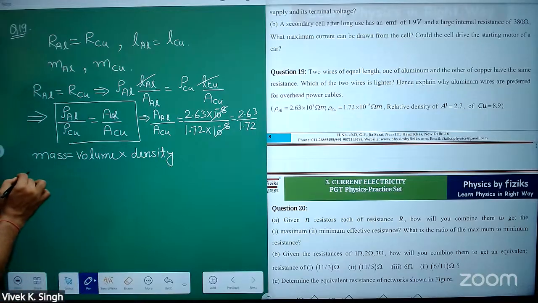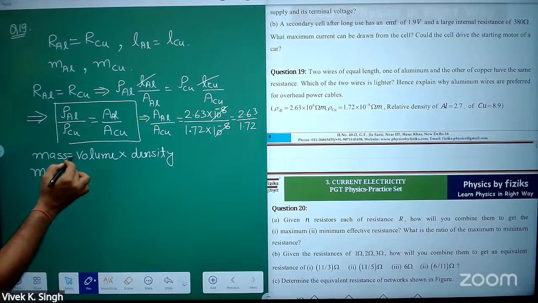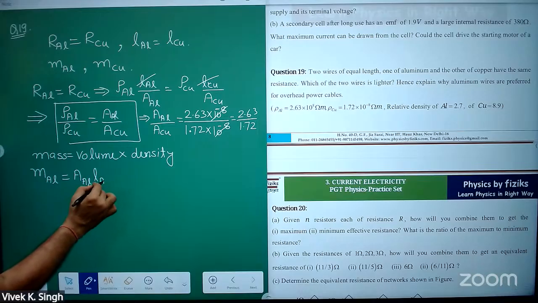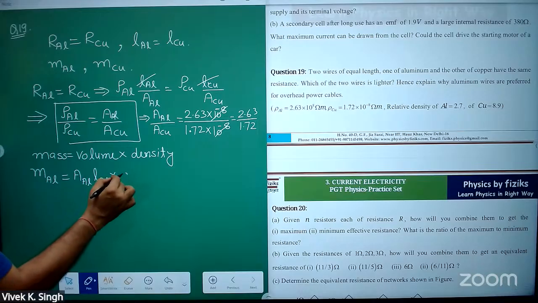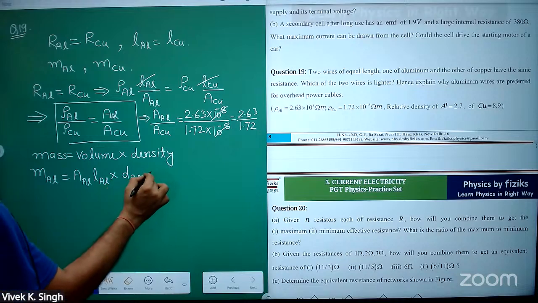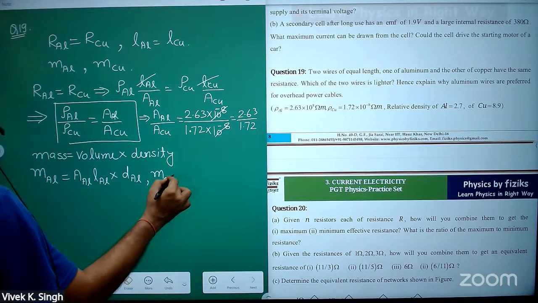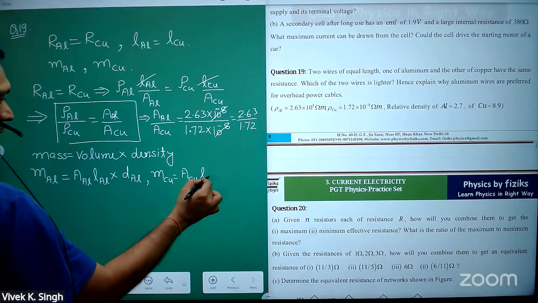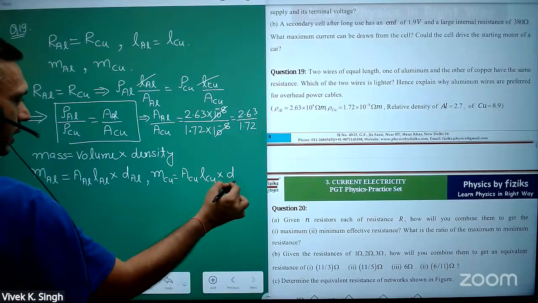So mass of aluminum: volume is A into L (Al), into density is d Al. And mass of copper is A into L (Cu), into density of copper.